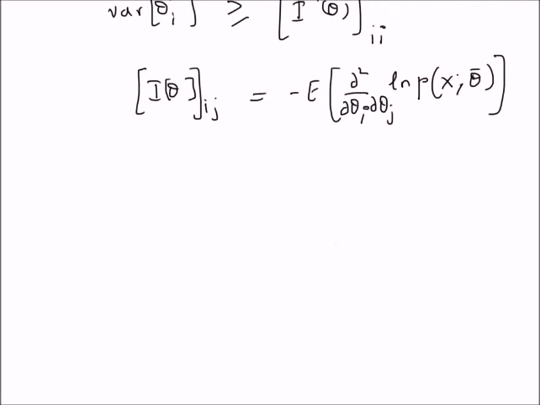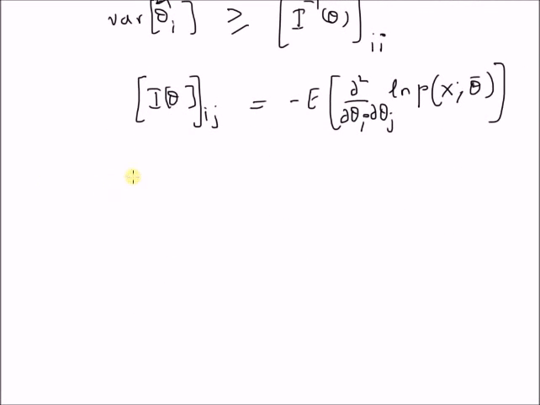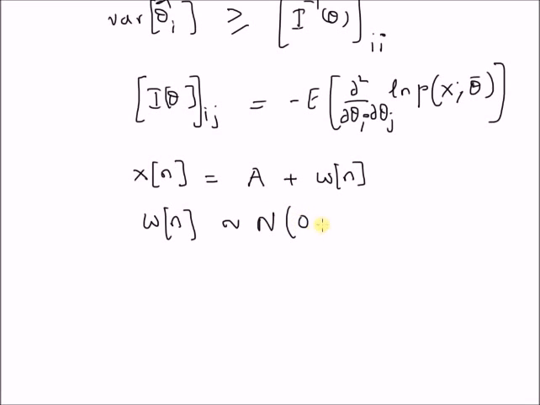Now let us look at an example. Consider a linear model x of n, which is equal to a constant a plus a noise component w of n, where w of n follows a normal distribution with mean equal to 0 and variance equal to sigma square.